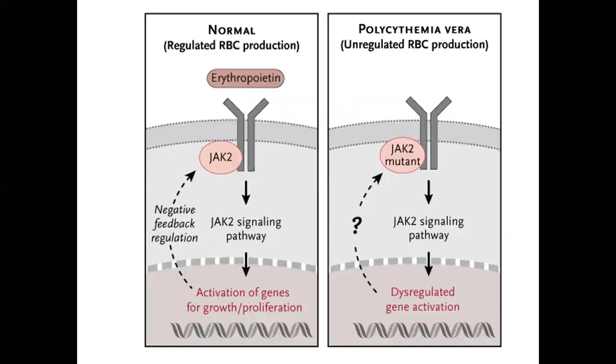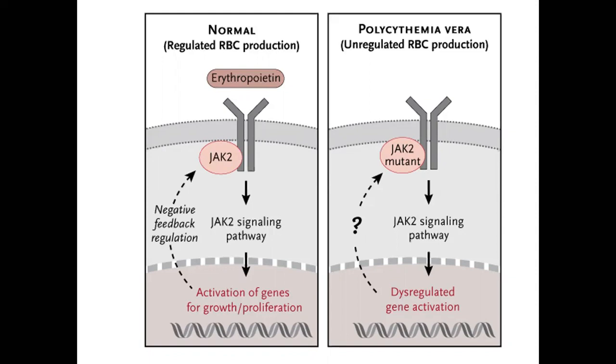In this diagram, we can understand the role of JAK2 mutation in the pathogenesis of polycythemia vera. On the left, the normal person has receptors for erythropoietin on erythroid progenitors.